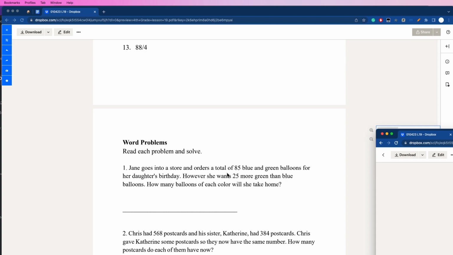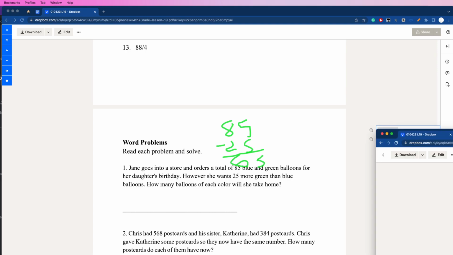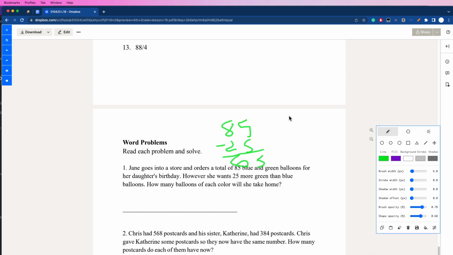In order to split 25 more green balloons than blue balloons, we're gonna subtract 85 minus 25, which should equal 65. And then 65 minus 10 equals 55.